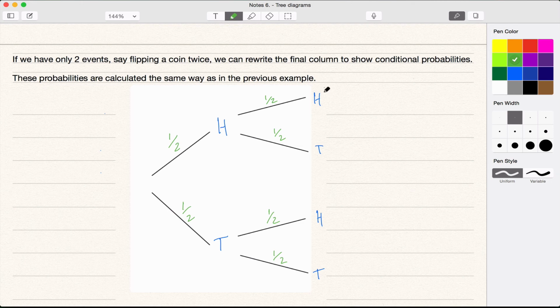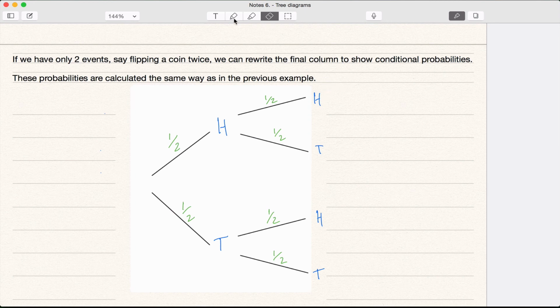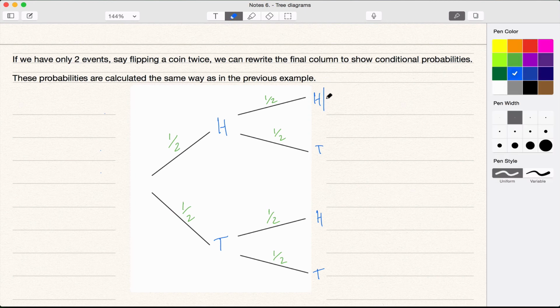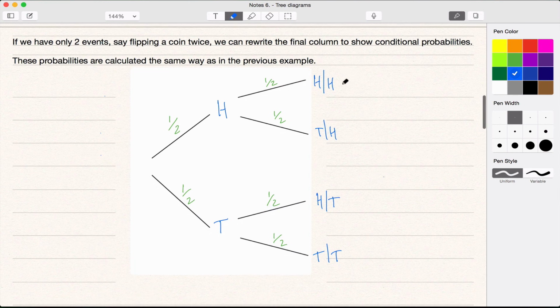So it's head given heads. This one here is tail given head, head given tail, and tail given tail.